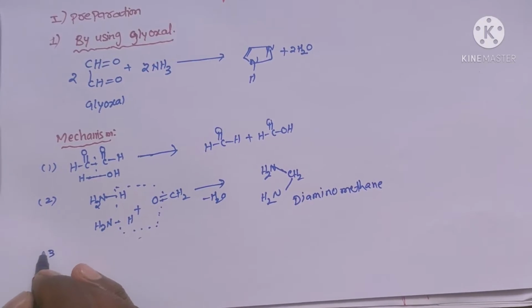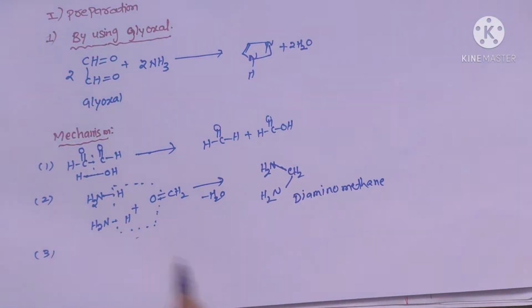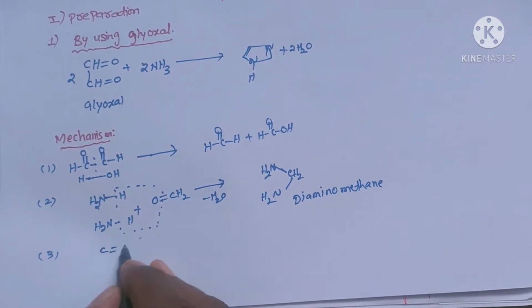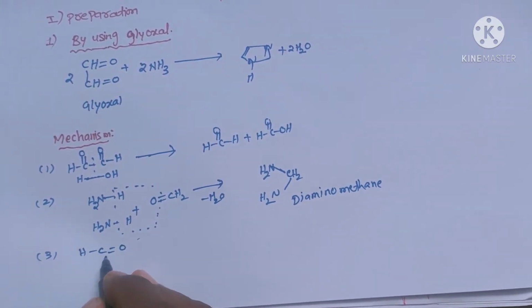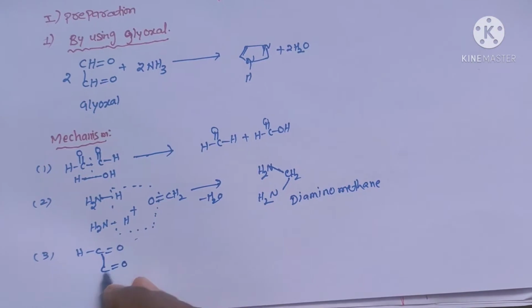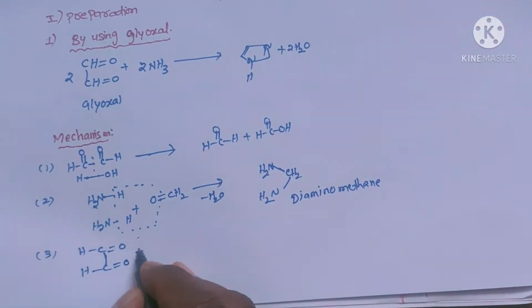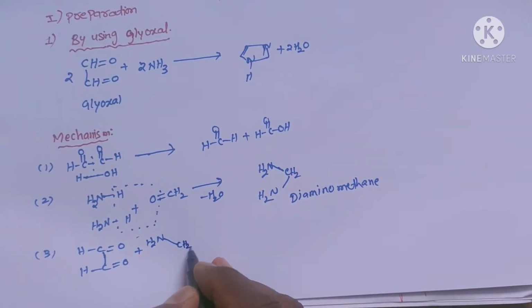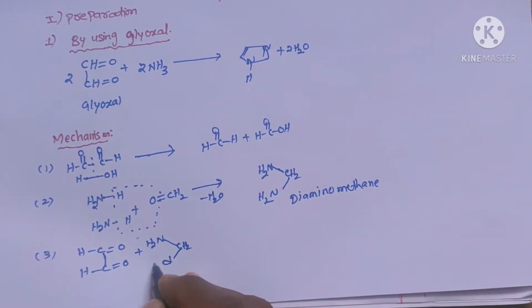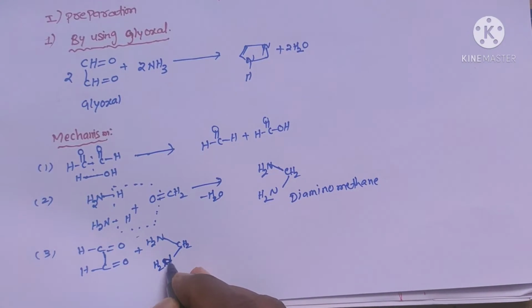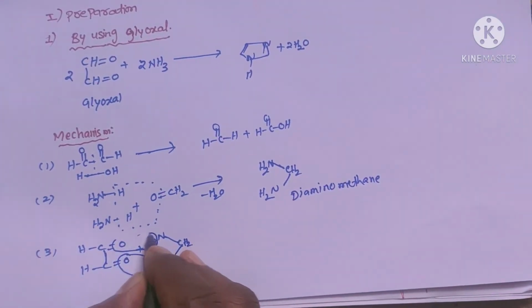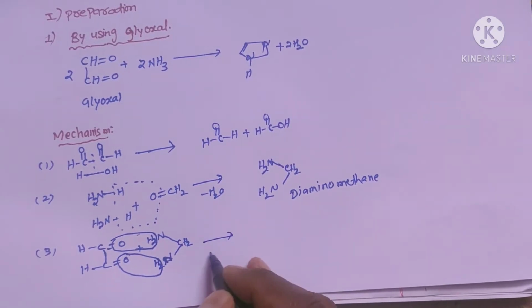In the third step, this diaminomethane reacts with the glyoxal and we get the, what is it? Imidazole ultimately. So here this is a condensation reaction and the water molecule goes outside.